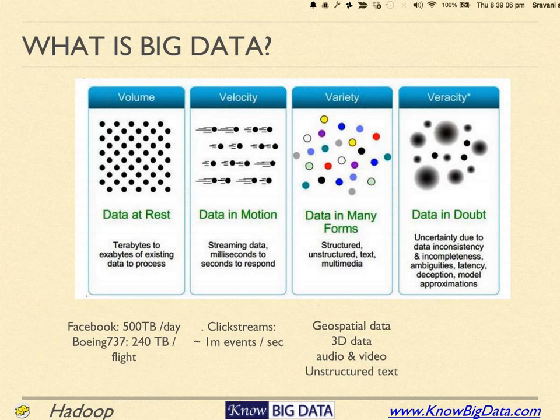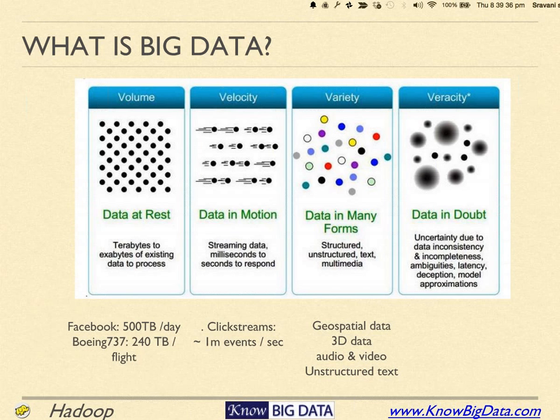The definition given by IBM is volume, velocity, and variety, and now they have added veracity, and I think they have also added value. So these four V's describe big data. These are the characteristics of the data which might make data as big data.